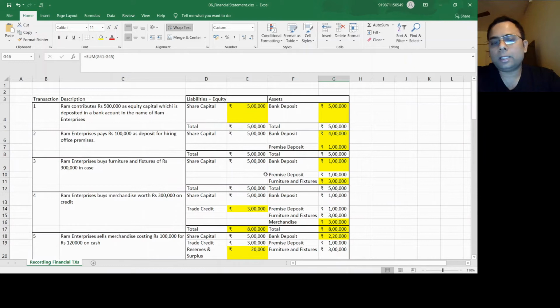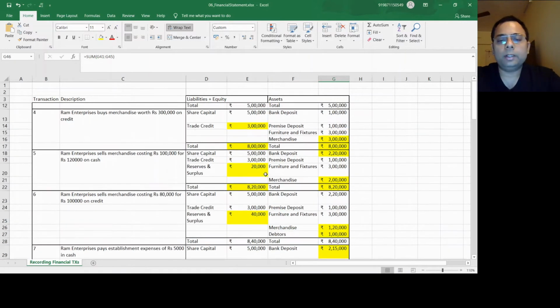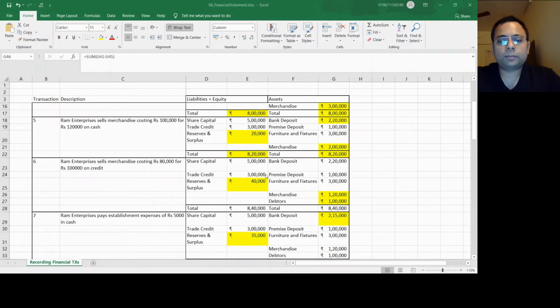So understanding how a particular transaction is recorded on the asset side and on the liabilities and equity side is important. That's just the concept, and a few examples are important. Okay, moving on.